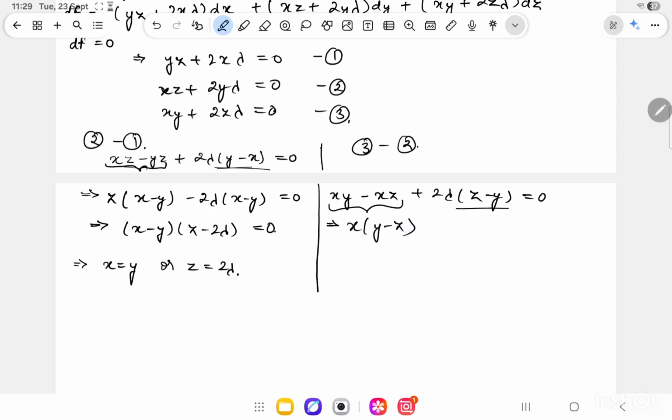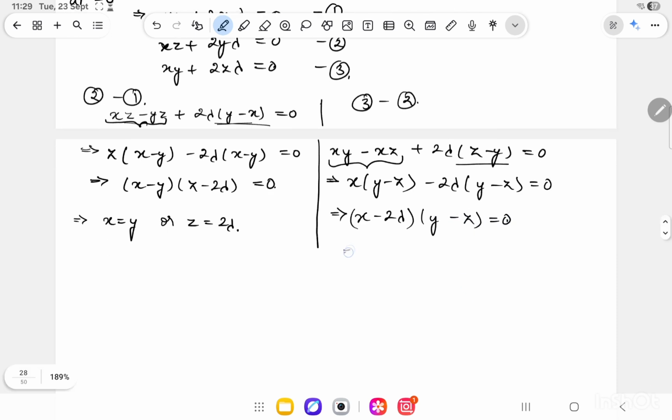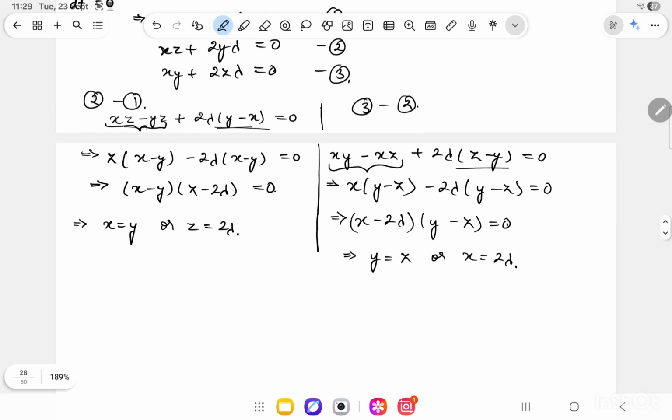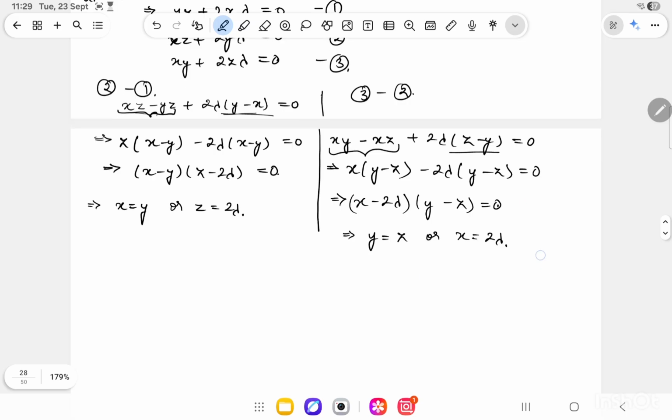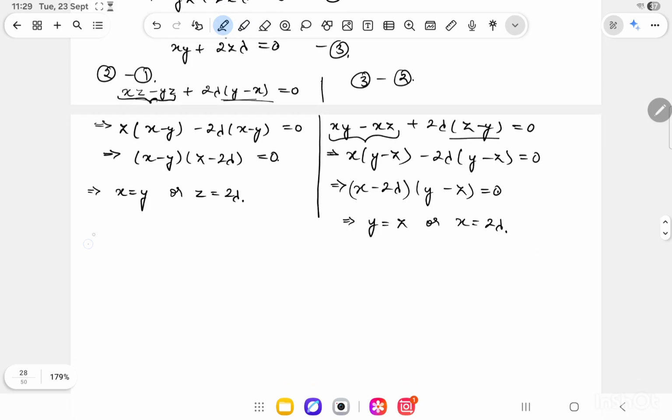Likewise, to make y minus z here, I can pull out a negative sign, so I'm left with minus 2 lambda into y minus z equals 0. So from here I get x minus 2 lambda into y minus z equals 0. This gives me either y equals z or x equals 2 lambda. These are the information that we have so far. Let's solve them one by one.